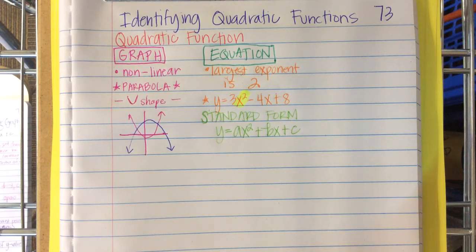Ax squared plus bx plus c. Standard form means it's y equals.